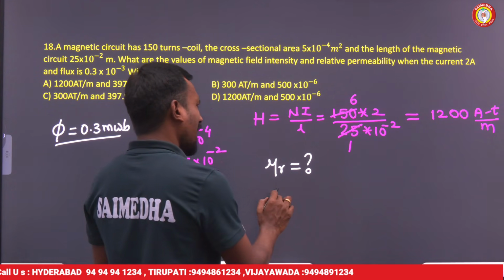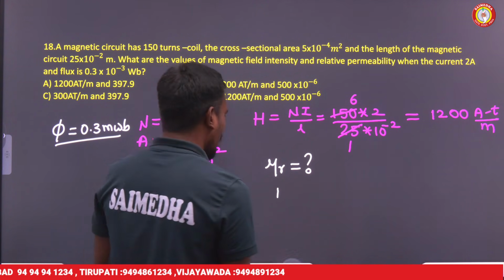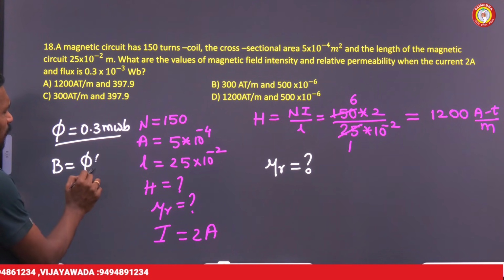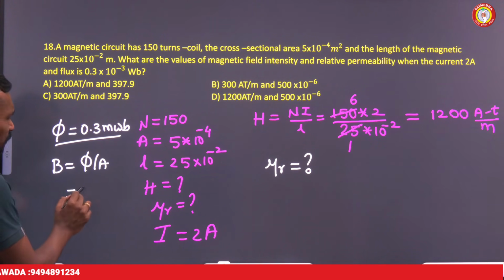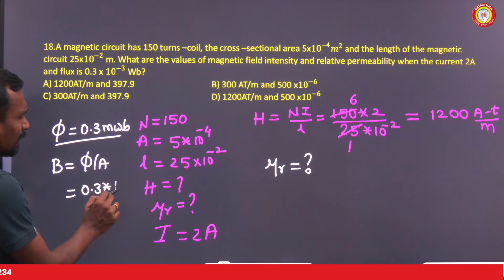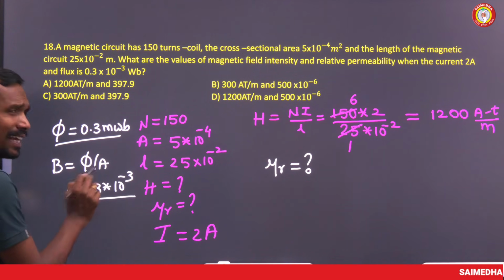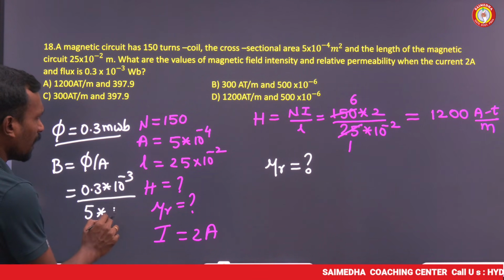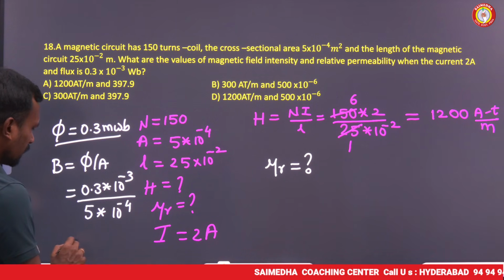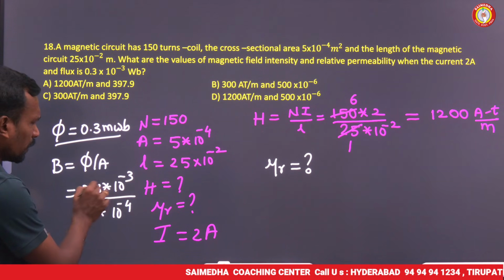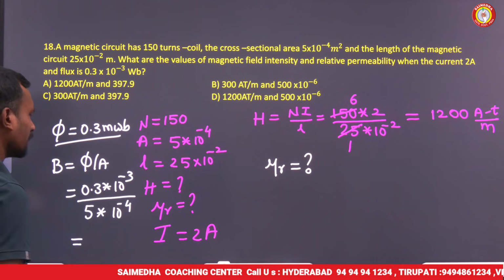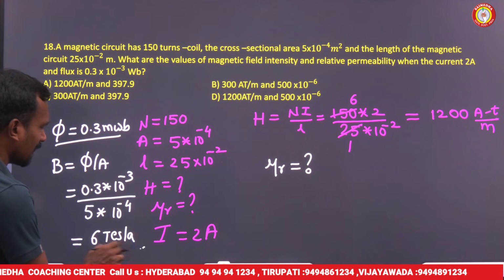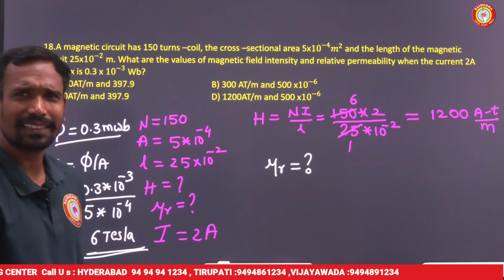Very simple, we have to calculate the flux density. Flux density is flux per area, where the flux is 0.3 milliwebers and the area is 5 into 10 to the power of minus 4. That is simply 30 by 5, which is 6 Tesla. Flux density is 6 Tesla.